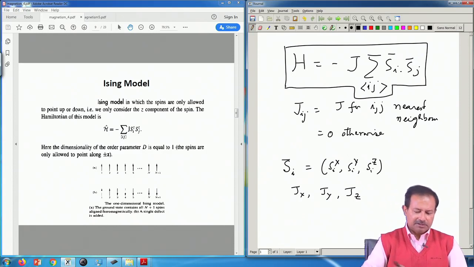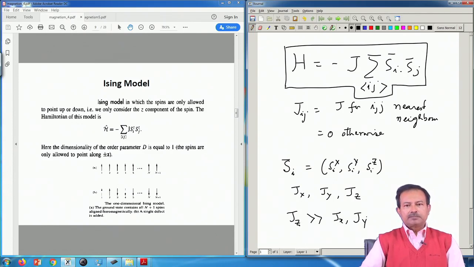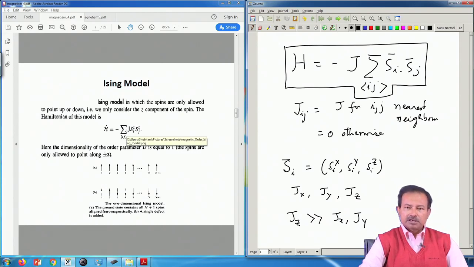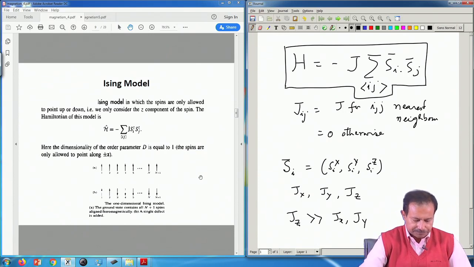In that I mentioned that there is an extreme limit of this model in case of extreme anisotropy, where J_z is much greater than J_x and J_y, and that model is called the Ising model. So, in that model, as is shown on the left, you only have this z component of the spins surviving. The space dimension can be anything, 1D, 2D, 3D, whatever the lattice you are interested in, you can put this model on that lattice.